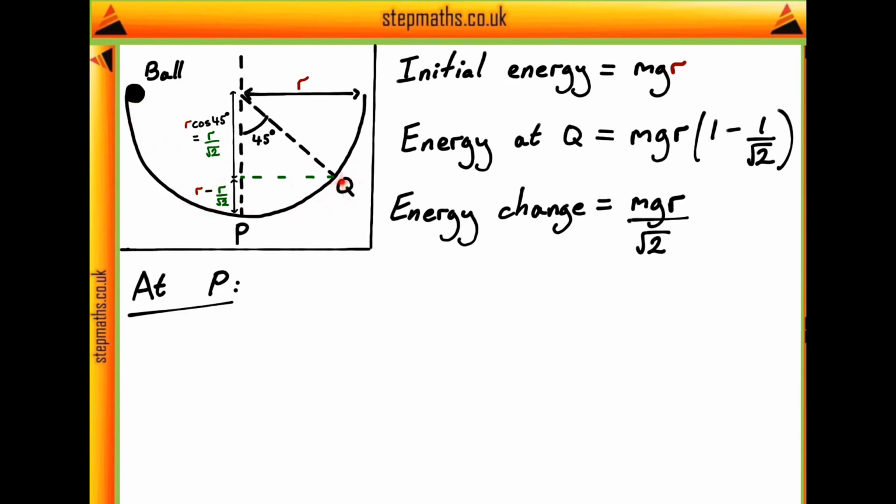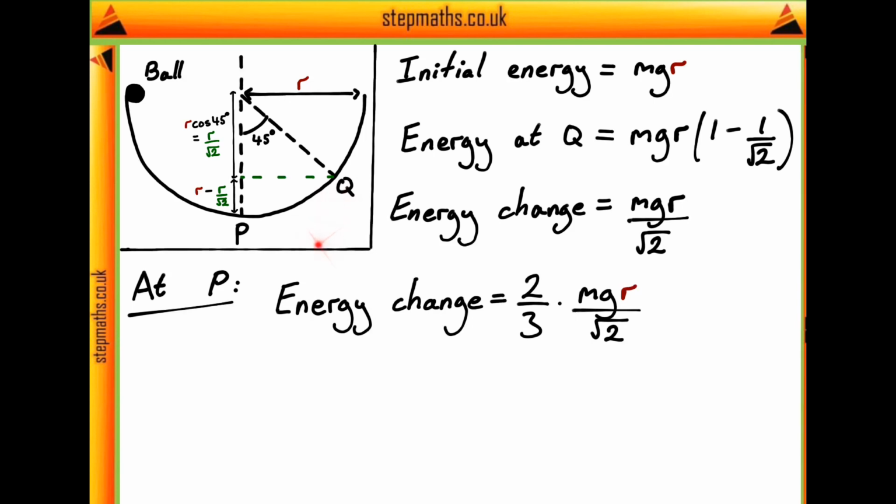So the whole distance here is 3/4 of our semicircular distance, and therefore at this point we're 2/3 of the way to Q. And now since we were told that friction acts at a constant magnitude, we know that the energy change is going to be 2/3 of the energy change at Q. So multiplying our energy change by 2/3, we get this expression here.